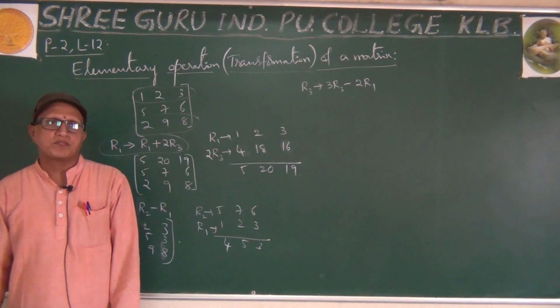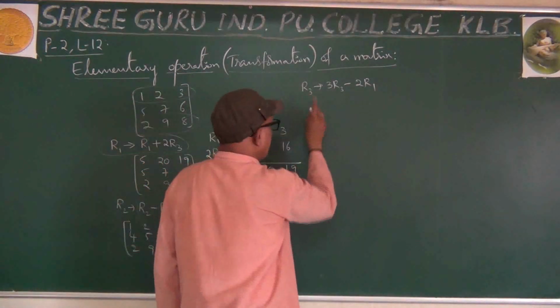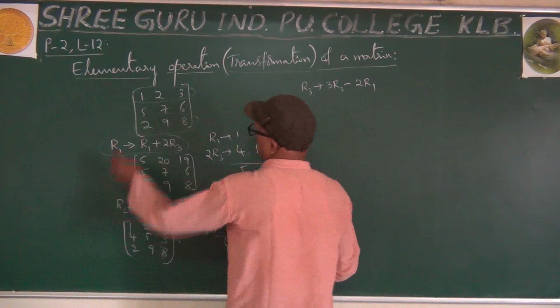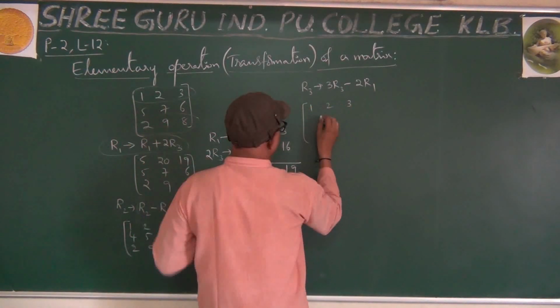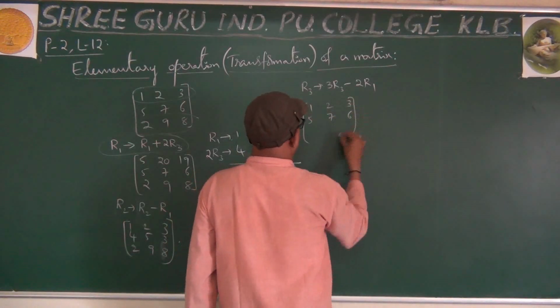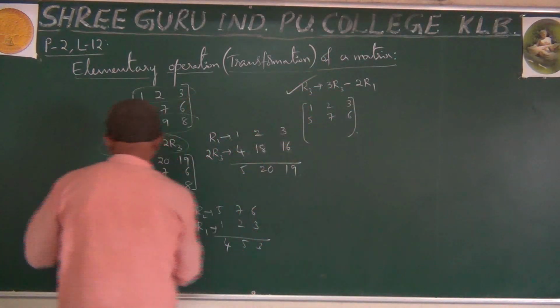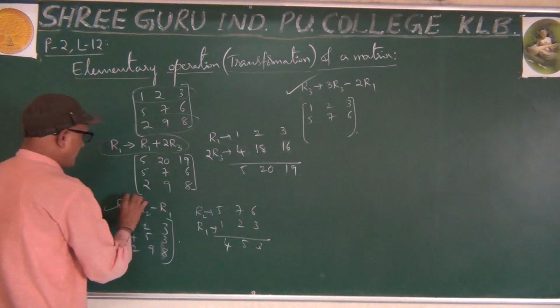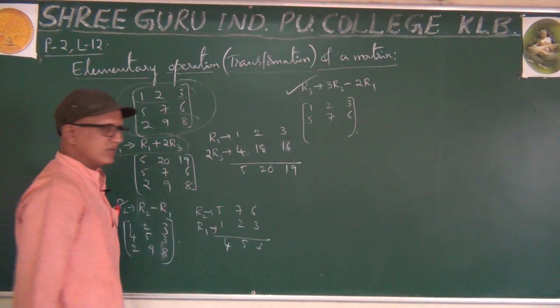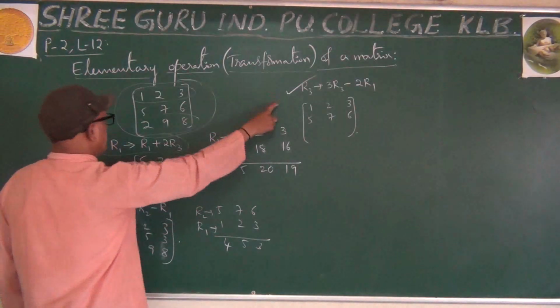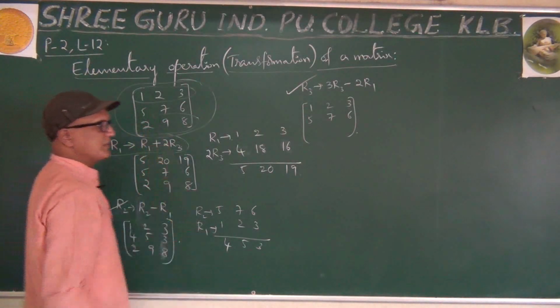The first row is as it is, the second row is as it is. I am telling all examples for this matrix only. Remember that.